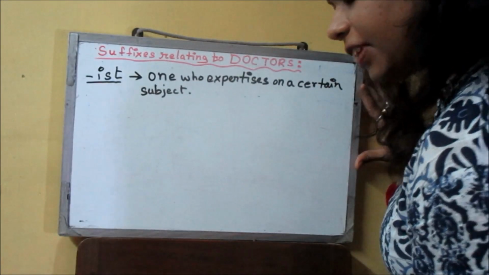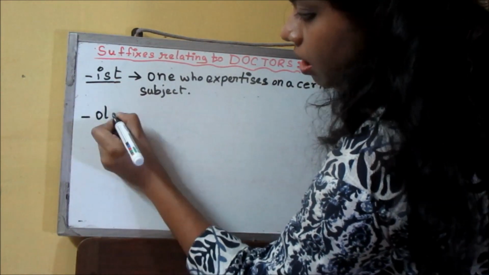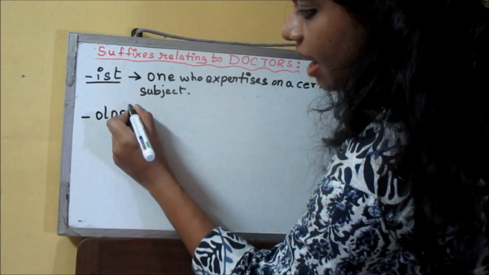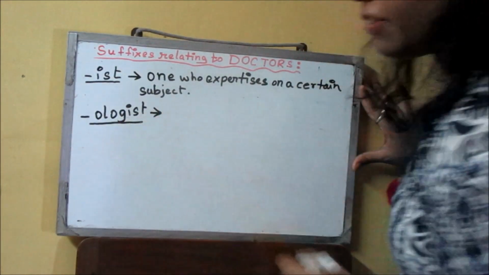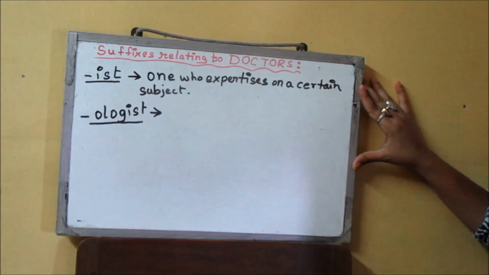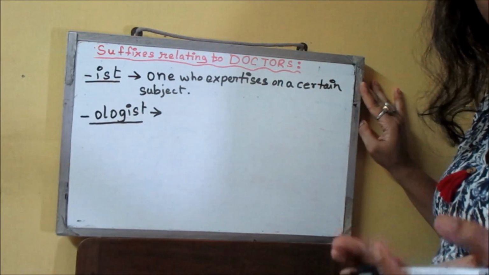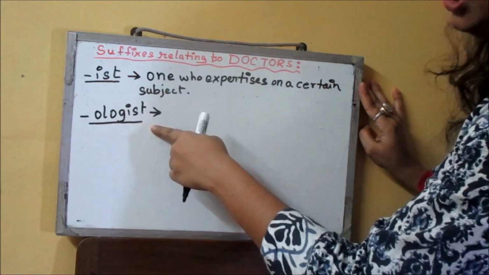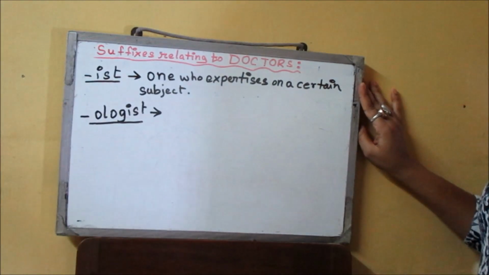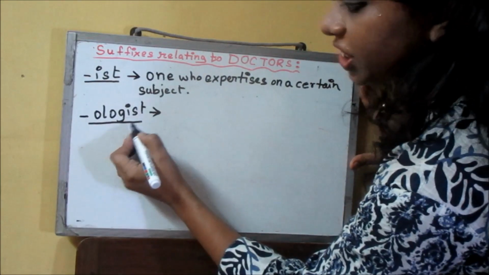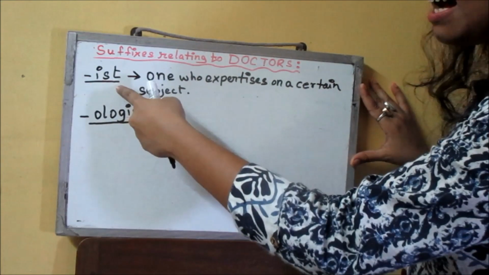Our next suffix is ologist. Previously we had come across the suffix ology, right? So ology was a branch of knowledge. So ologist is someone who is an expert in a branch of knowledge. As we see, ologist comes from two parts, the ology and the IST.